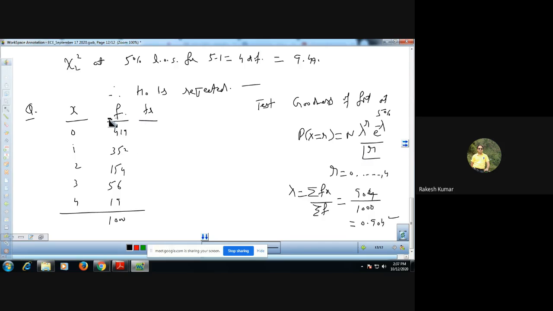Now we can find the expected frequencies. These are the observed frequencies given to us, the OI, and we have to calculate EI. How to calculate EI?